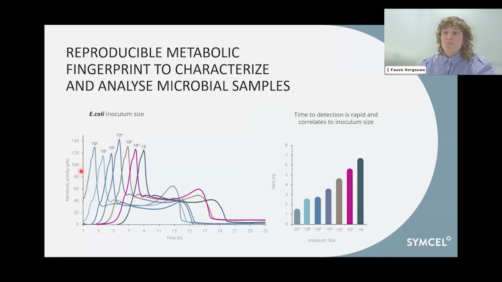So basically, having more bacteria in the sample, you will have an earlier signal, and if there's less, it will happen later. So this directly correlates to a time to detection, actually. And you can see that you can still detect low inoculum sizes even within hours. So it's quite a fast technique, much faster than most traditional methods.